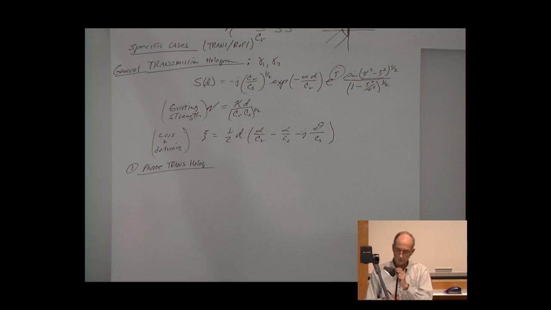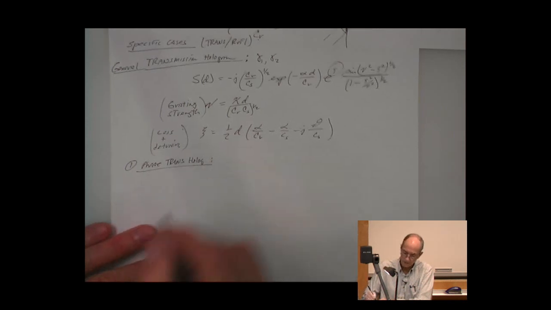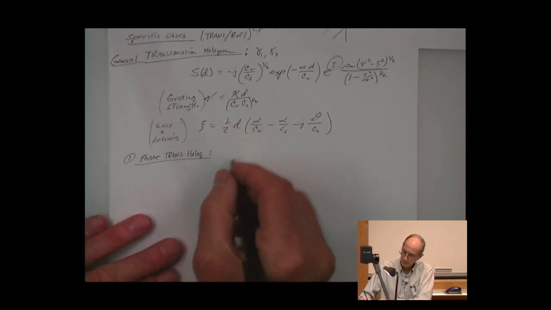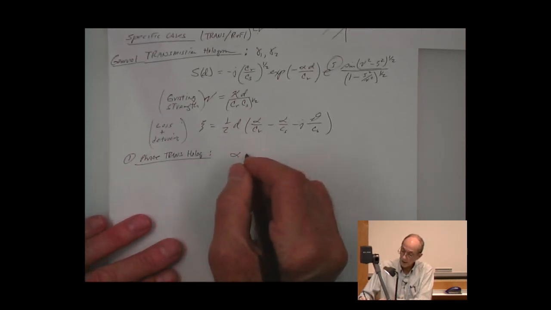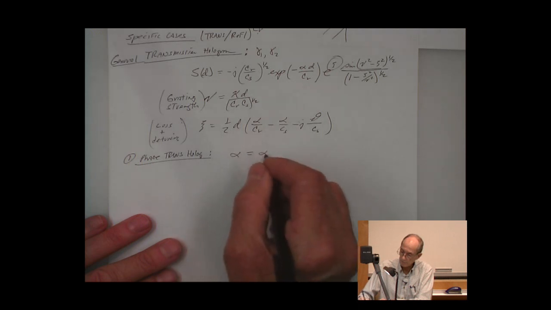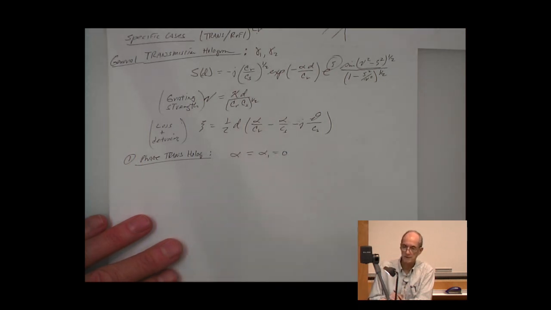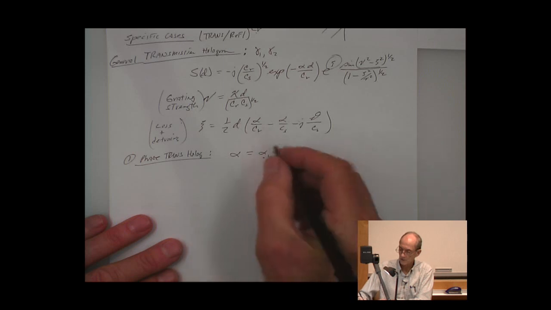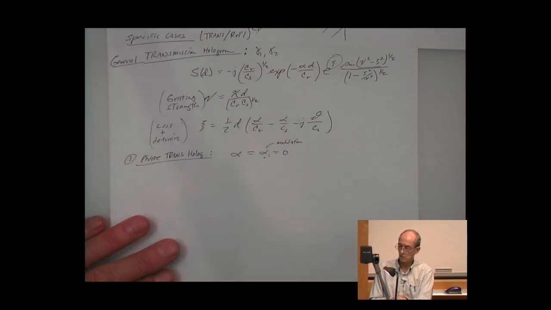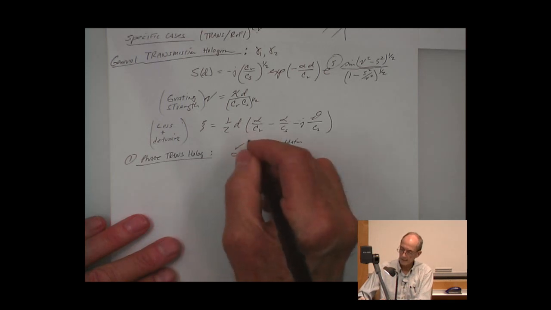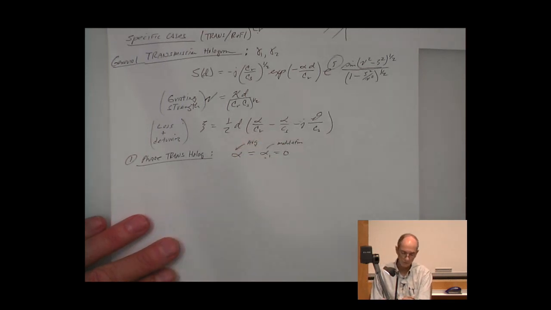All right, and so for a phase transmission hologram, we would like alpha and alpha 1 to be equal to 0, right? Alpha 1 is the modulation of the absorption, and alpha is the average absorption that we would have. All right?